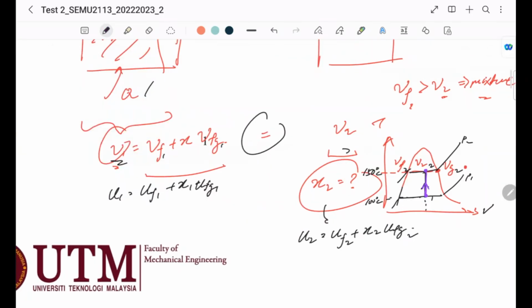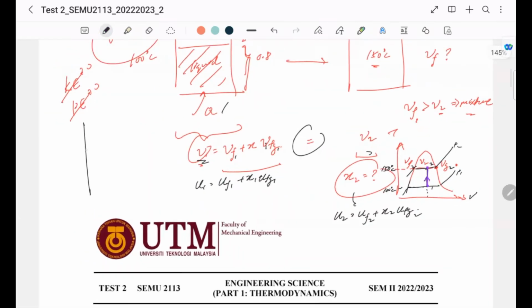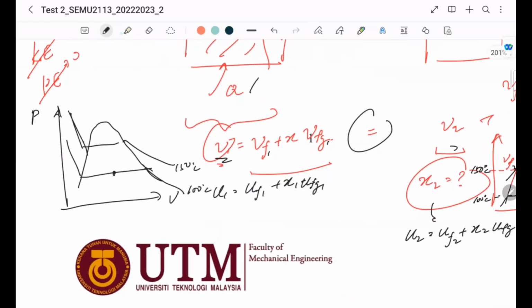If we are talking about the Pv diagram, constant temperature line, 150, 100, it is still changing from here to here, because here v1 equal to v2.